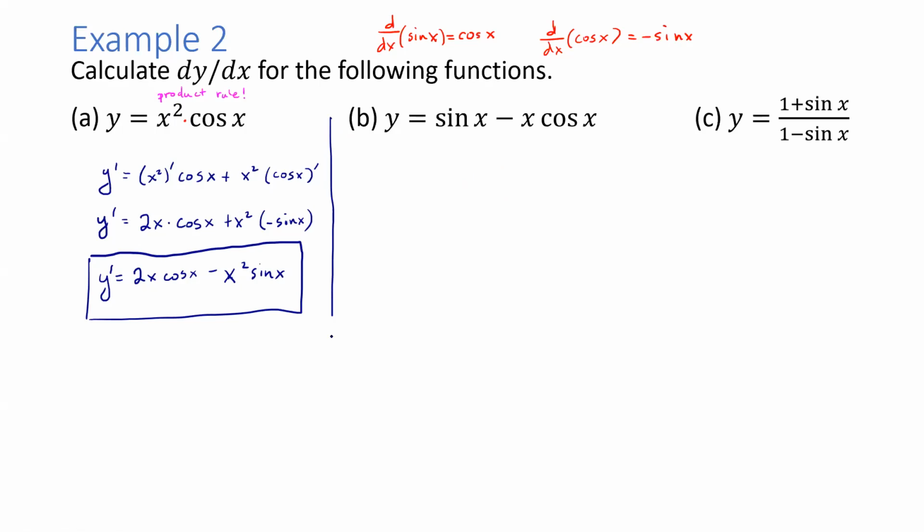Let's look at the next one here. Notice here, this one we've got sine x minus x cosine x. This is the same thing, right? You've got x cosine x, so here you're going to do the product rule for this term also, because you've got x multiplied by cosine x, so you have a product of two functions.